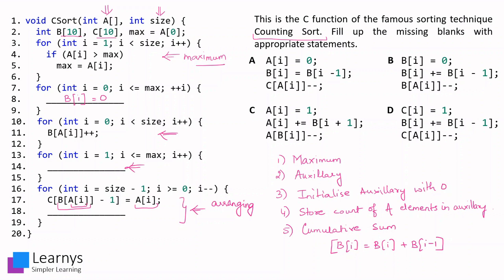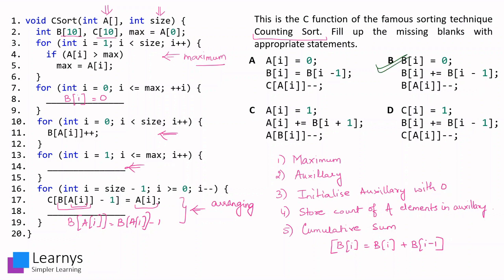So in line number 18, we can write that B of A of i is equal to B of A of i minus 1. Or simply we can say that a correct answer which matches is option number B.